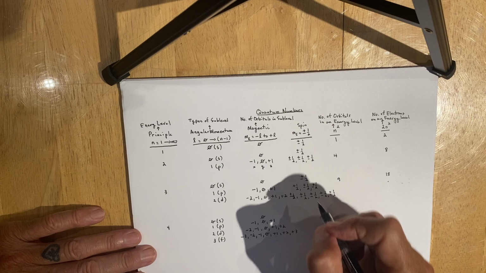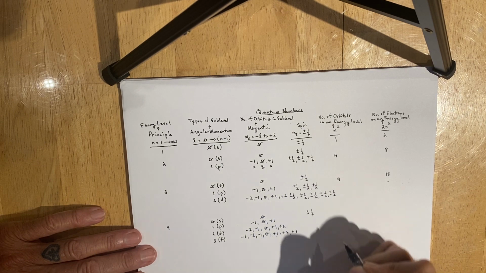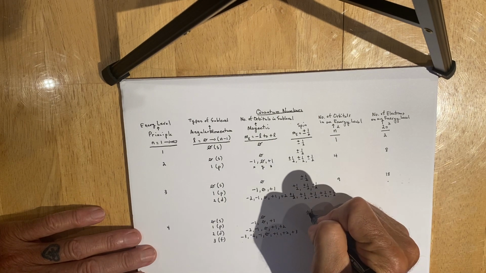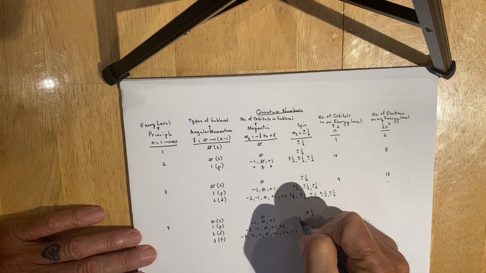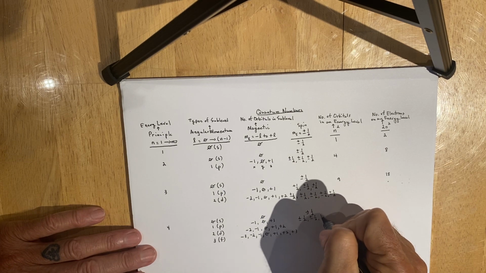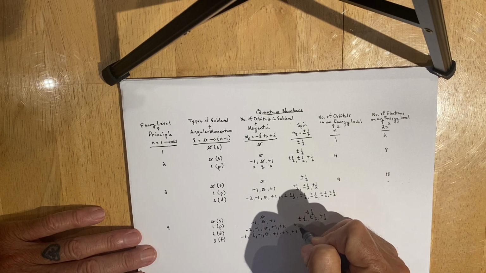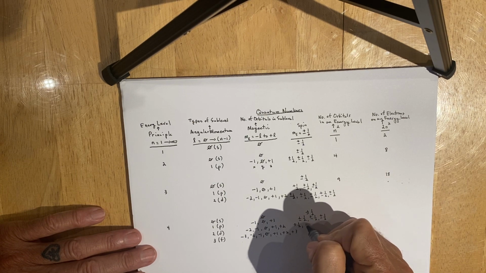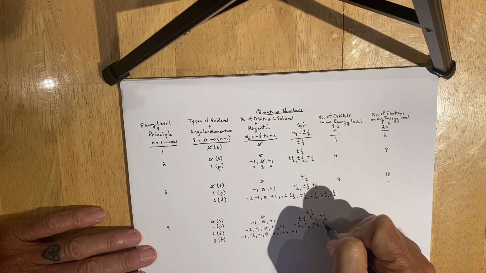Writing out the spin quantum number gets a little bit crazy. We know, for example, that the S sublevel can hold 2 electrons which have opposite spins with spin quantum numbers of plus or minus 1/2. Same thing can be said of the P sublevel. Same thing can be said about the D sublevel. This is not exactly the way I would want to do it, but it's the best that I can do for this video.